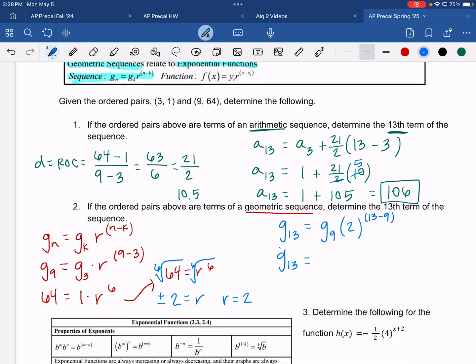So the 13th term comes from 64 is the 9th term times 2 to the 4th. 2 to the 4th is 16. Okay, I have an advantage because I've already worked it out. We could do some longer multiplication. It's not too bad. But 1,024.